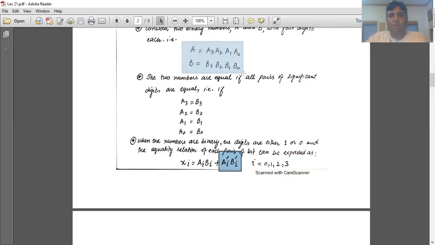So this is the general algorithm for two numbers which are equal.